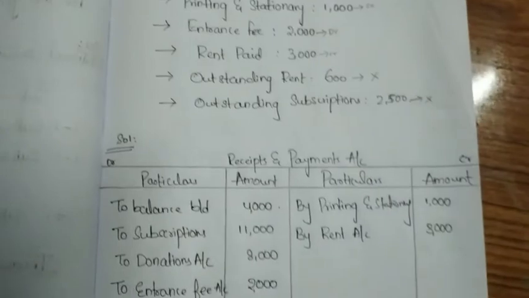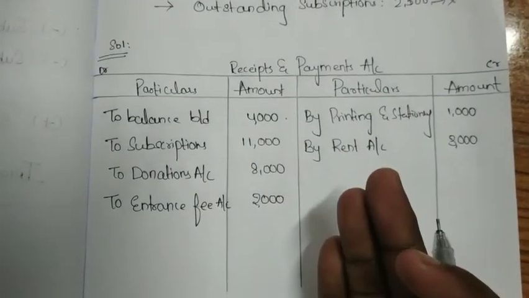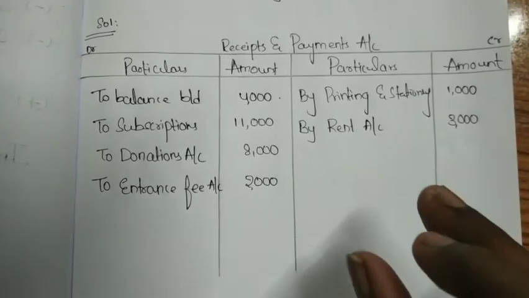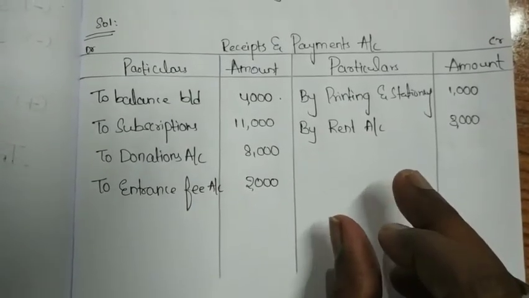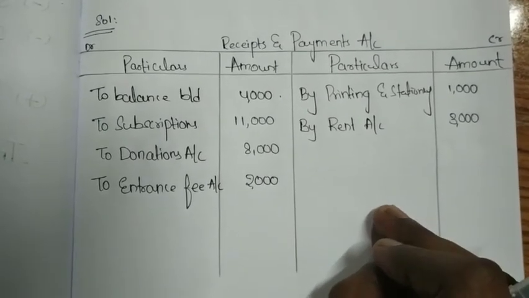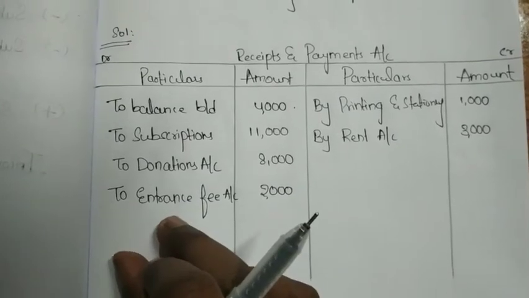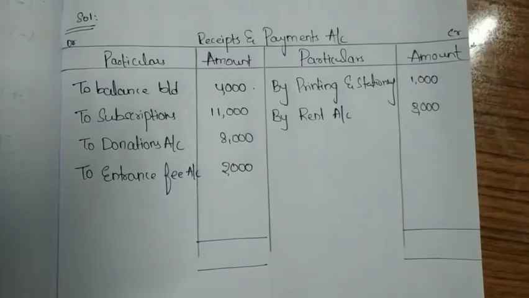So let's close this receipt and payment account on whatever the balancing figure we are getting. If we are getting the balancing figure on the credit side, then we will name it as by balance carried down. It is a cash closing balance. If we are getting that balancing figure on the debit side, then we are getting a deficit amount.